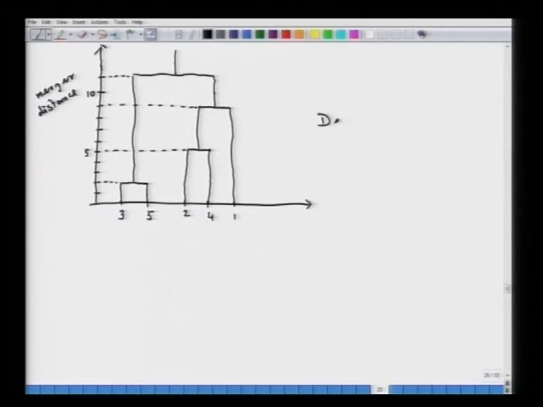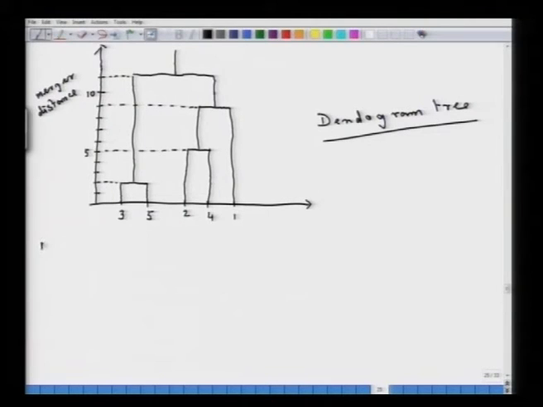So, we will have this as the dendrogram tree, wherein the clusters are in a hierarchical form, and with this we have formed from that distance matrix D by implementation of a complete linkage algorithm.